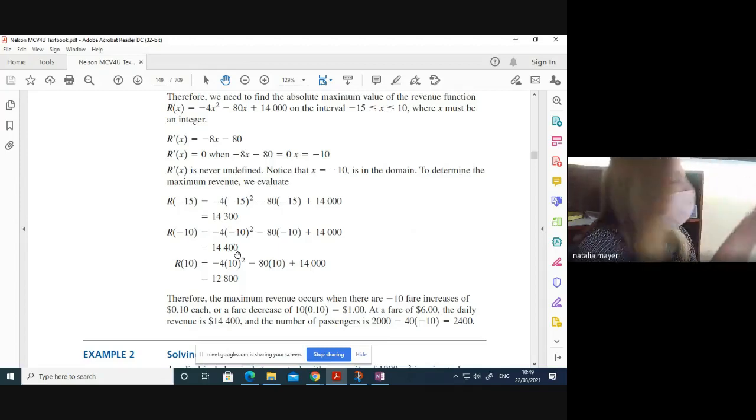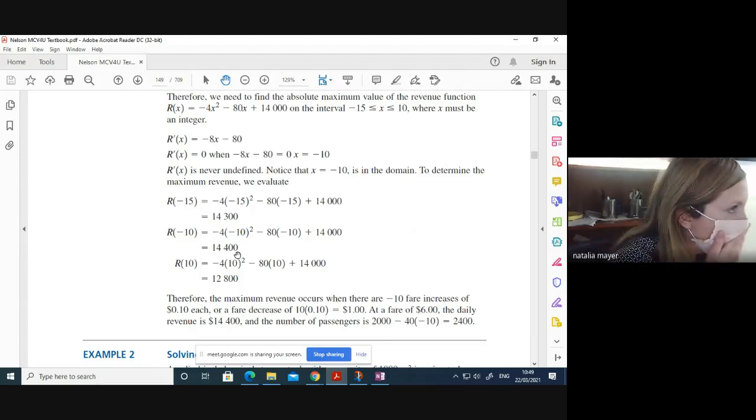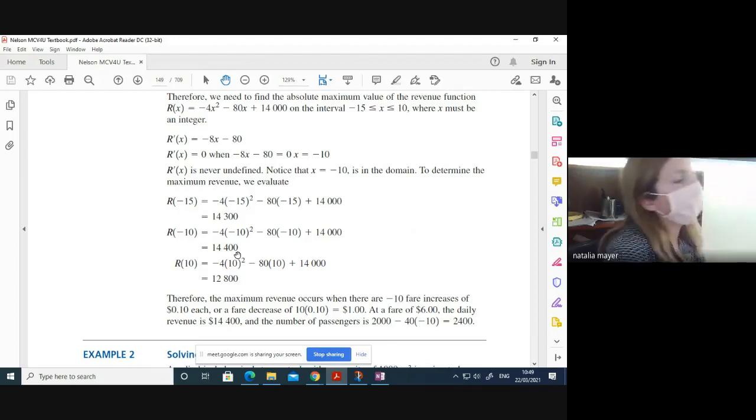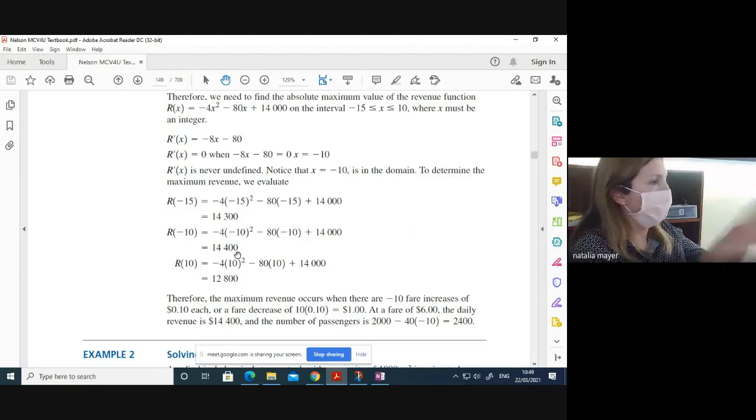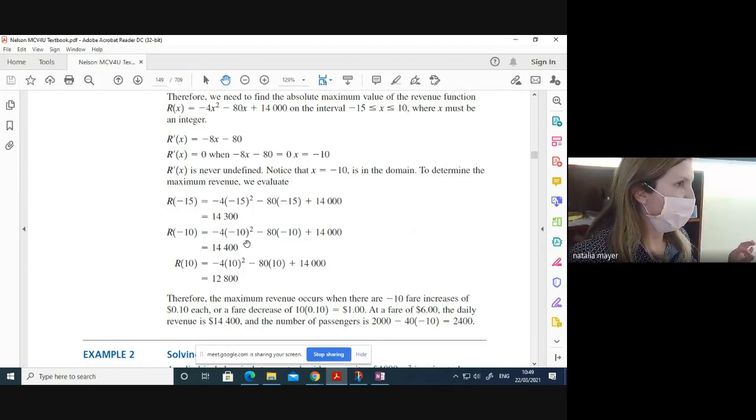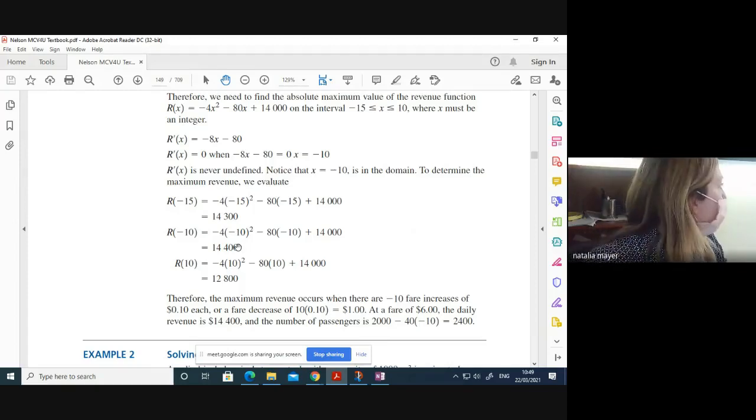Now, my last question for this one, and we're done. What does negative 10 represent here? The zero. It is, but for the function, what does negative 10 represent for this revenue function? Is that changing the price or the number of passengers? Changing the price? Yes, so the conclusion is to maximize the revenue. Noor, again to you guys, don't shout.